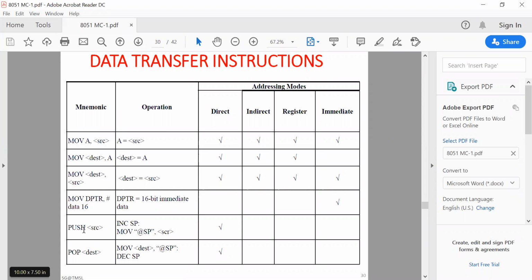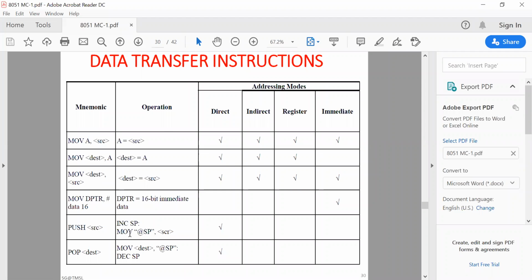The PUSH instruction is also available, so PUSH any register, like PUSH A, and similarly POP, like POP B or anything else. What happens in the PUSH instruction is that it increments the stack pointer by 1 to push the data byte onto the stack.